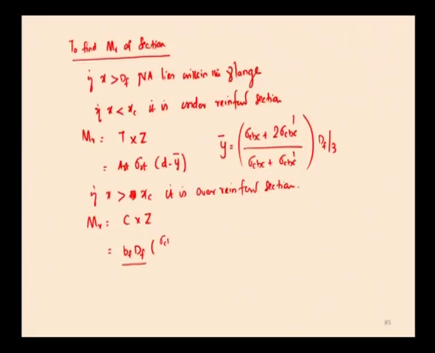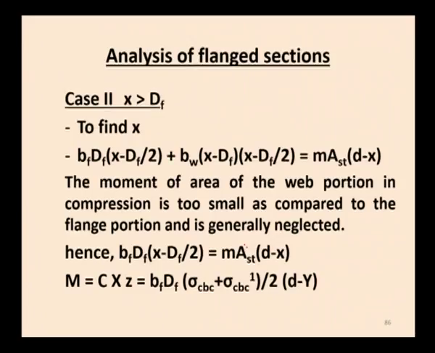The stress is sigma C B C plus sigma C B C dash by 2, that is the average stress, into the lever arm d minus y bar. This is the equation we have derived.